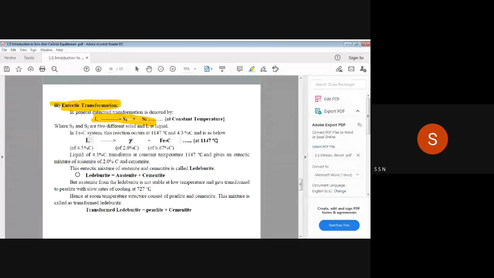So liquid is converted while cooling into two solids, S1 and S2. This transformation is the eutectic transformation. That means one liquid will give you two different solids while cooling, at constant temperature.